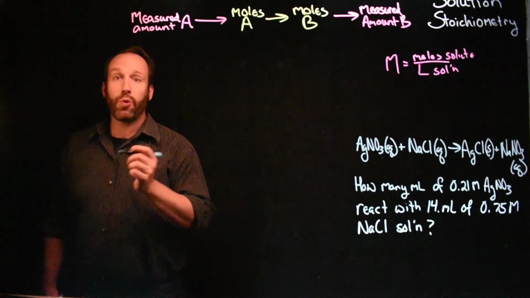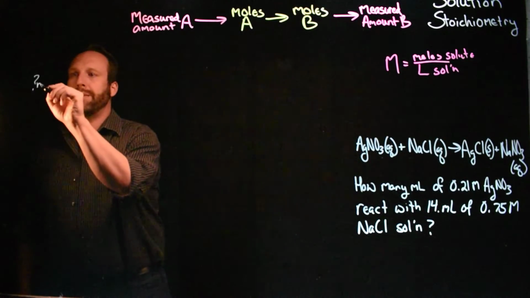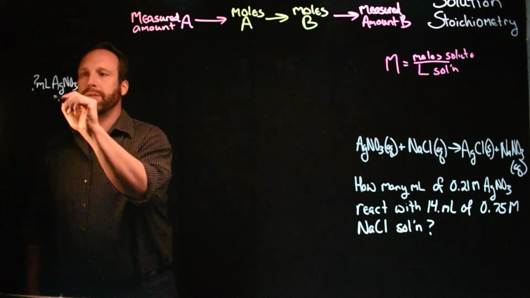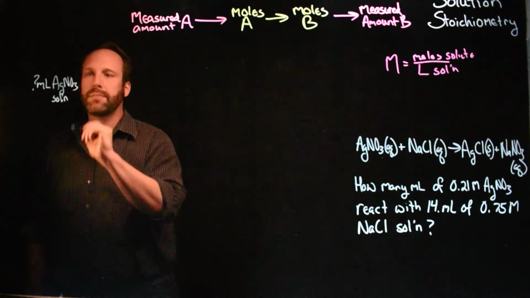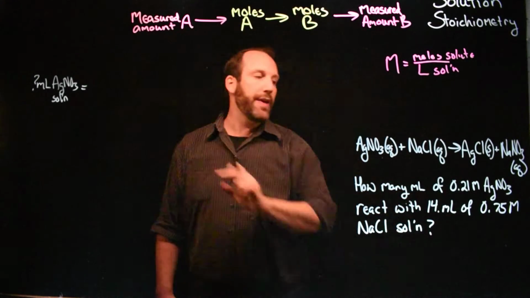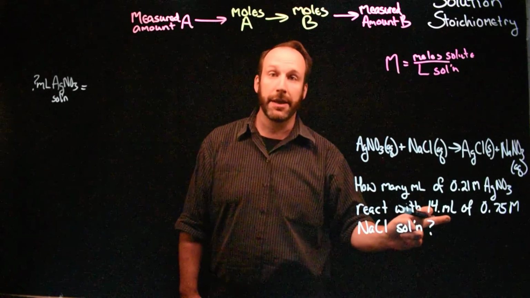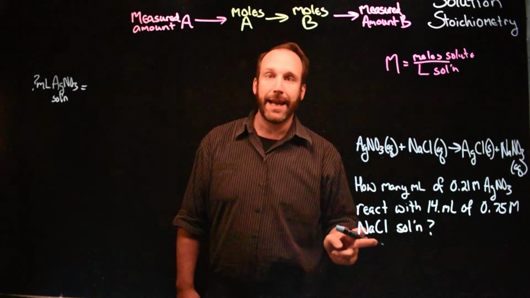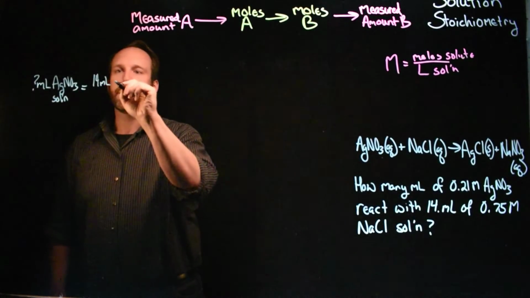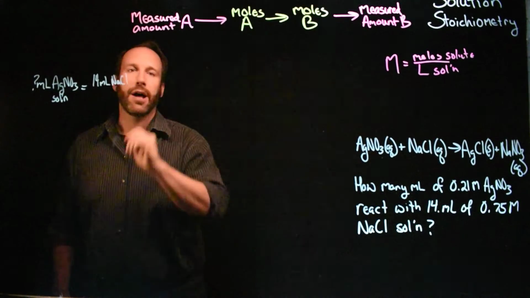So our question is how many milliliters of silver nitrate solution will react with a measured amount of A. So 14 milliliters of NaCl solution.